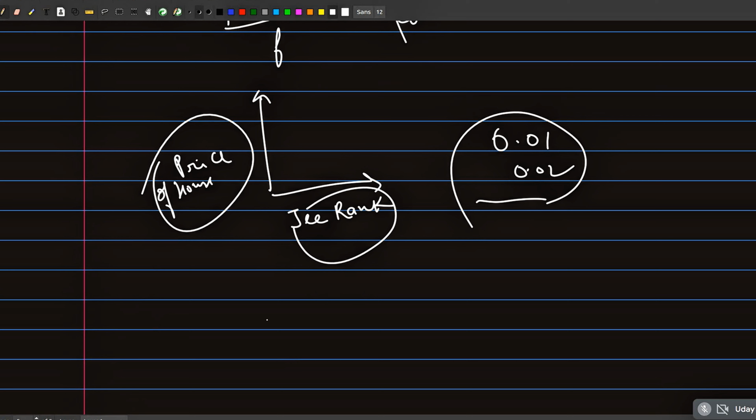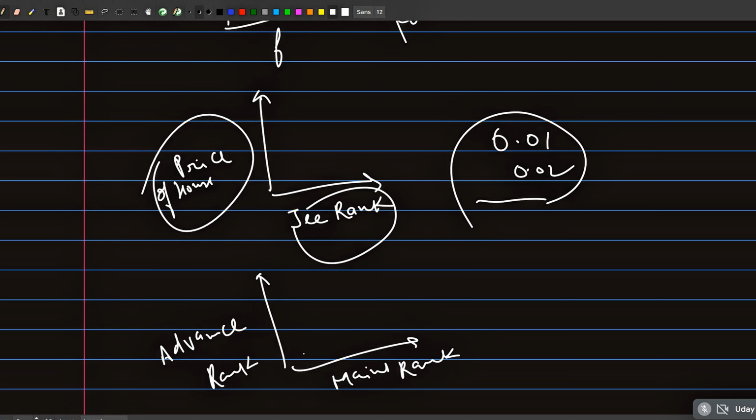Very poor example, but consider this. Generally, with certain exceptions, this is mains rank, this is advanced rank. Generally, they will be correlated, the correlation will come to approximately one.